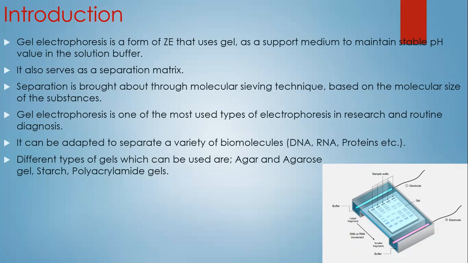It can be adapted to separate a variety of biomolecules by changing the type of polymer used to cast the gel and adjusting the composition of the polymer, altering the pore size of the gel. Different types of gels which can be used are agar and agarose gel, starch, and polyacrylamide gel.